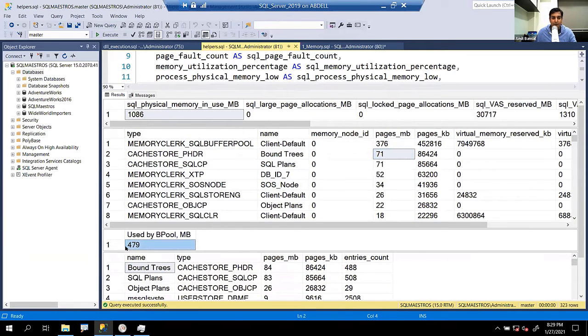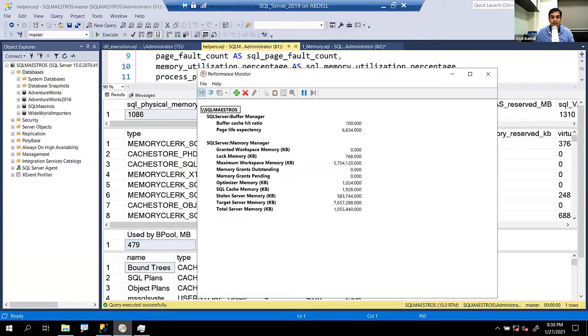Buffer pool is about 479 there, and these are the cache stores. Now I'm going to execute the DLL, which is going to consume some amount of memory. You will see that this is not happening via the 3-layered architecture, which means you will not see consumption from any clerk or any memory object.